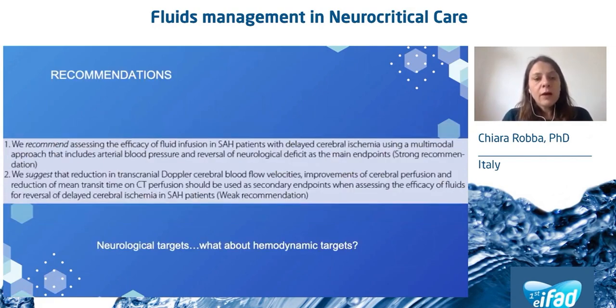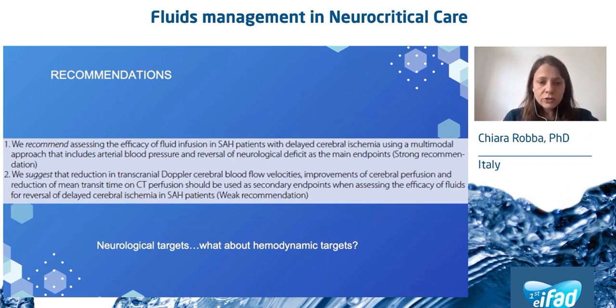So what the authors suggest is basically to use a multimodal approach, avoid hypervolemia, use hypertension if there is vasospasm, and to target the increase of intracranial pressure and fluid administration on neuromonitoring, on clinical evaluation, and on the use of transcranial Doppler velocities, which is telling us whether there is an improvement of cerebral perfusion.